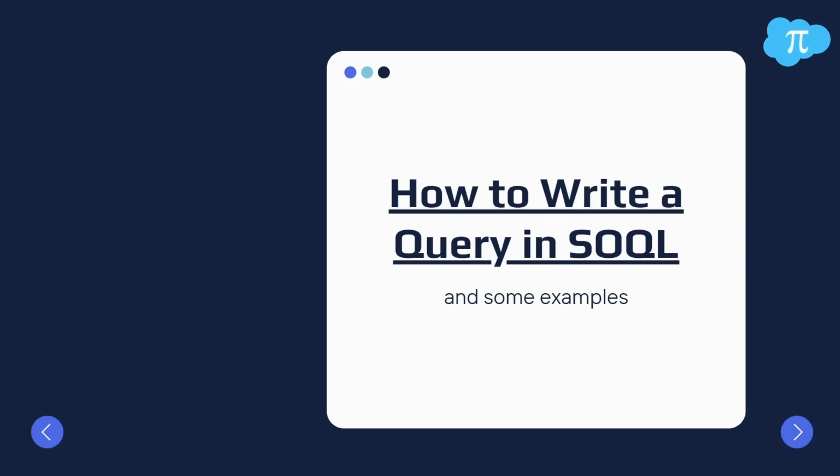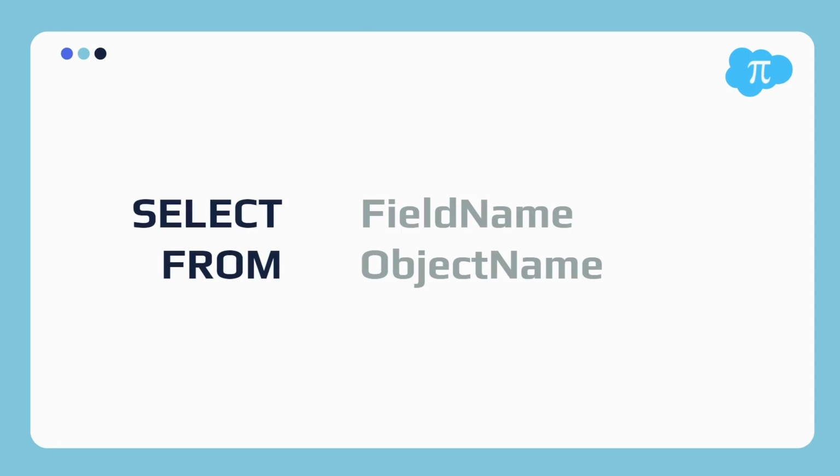And this is the main thing: how to write a query in SOQL. The two main keywords are SELECT and FROM. SELECT defines which columns we need to query from the table, and FROM defines that particular table.